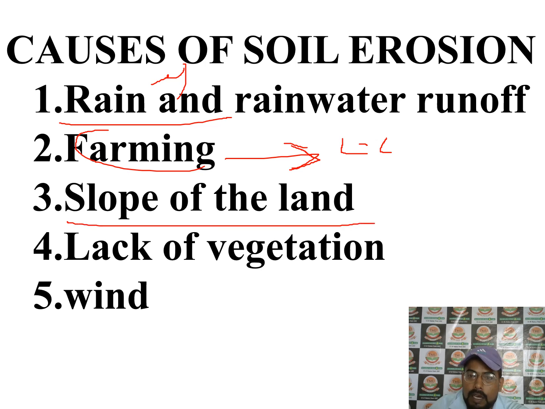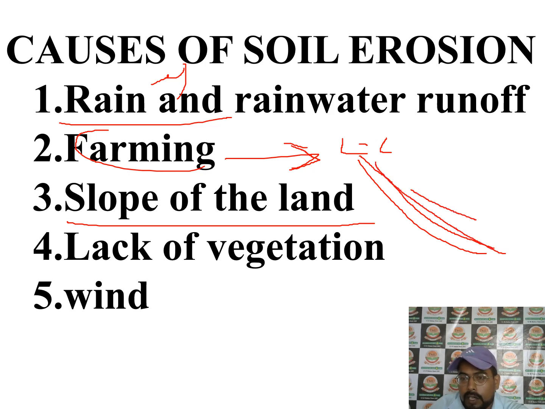Second is the slope of the land, like hilly areas. Hilly areas have a direct slope, and the movement of water is very high.